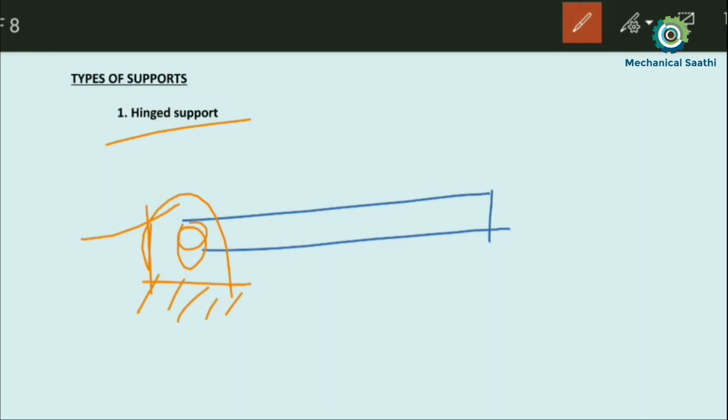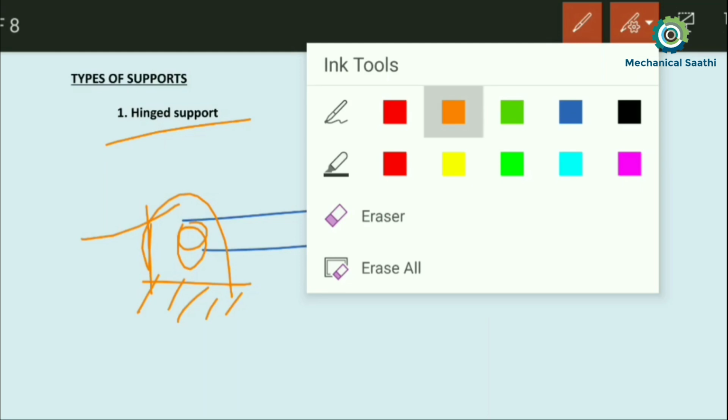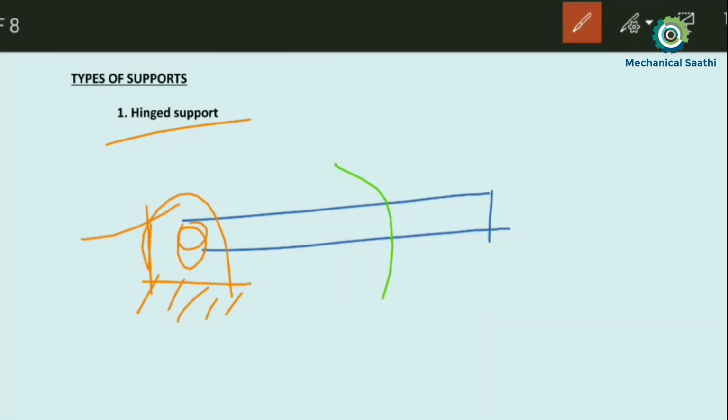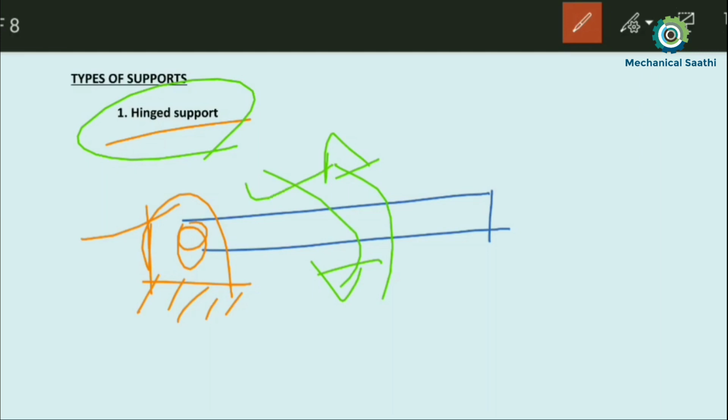If we connect our beam to a hinge support, then it will allow rotation. If we try to rotate this structural member in any direction, then it can rotate.